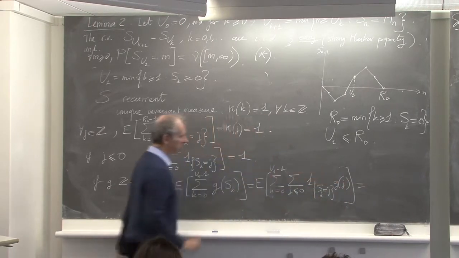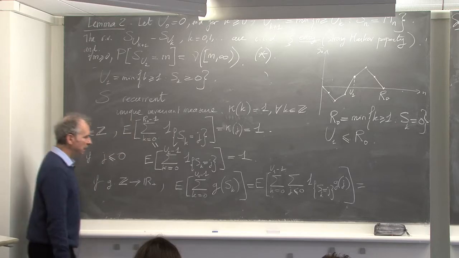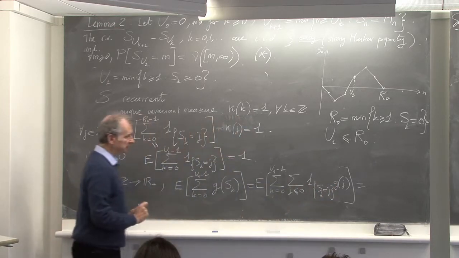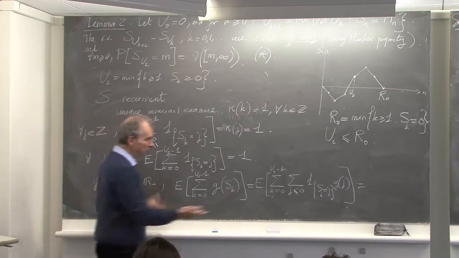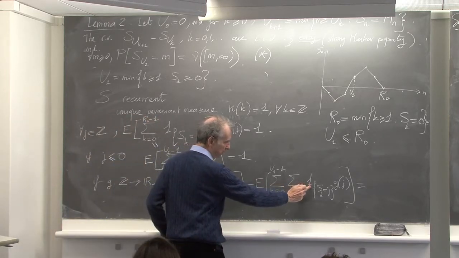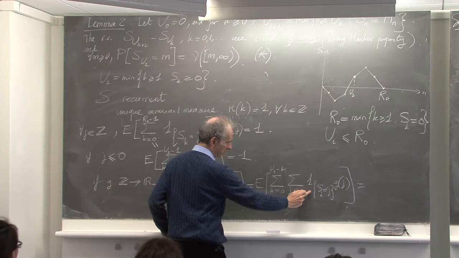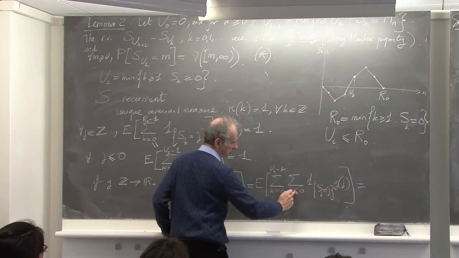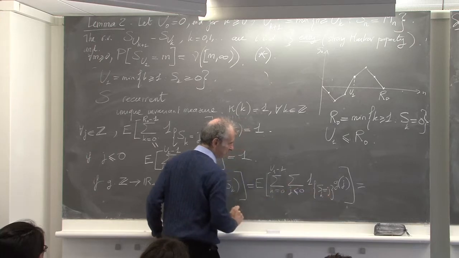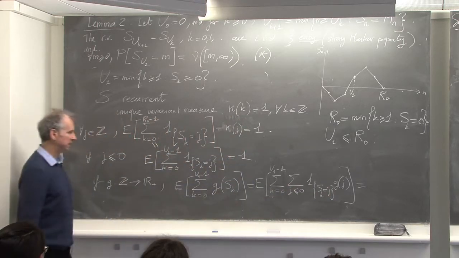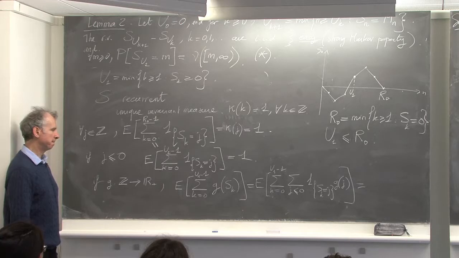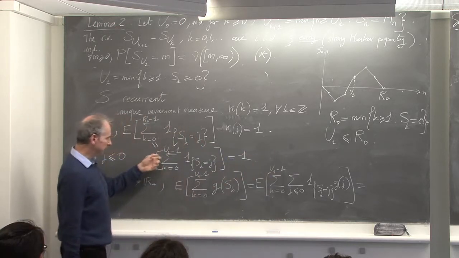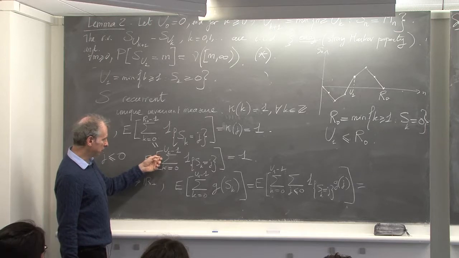This is trivial. I just replaced g of Sk by this sum, and in this sum there is only one indicator which is equal to 1, the one for j equals Sk, and so I get g of Sk. If I exchange the sums, I see that I have to compute this quantity.